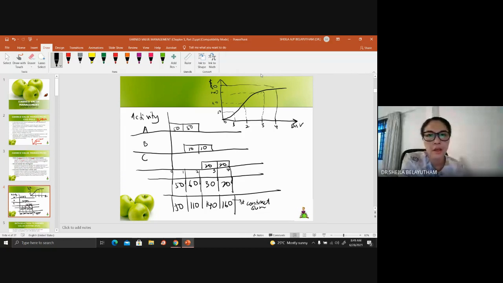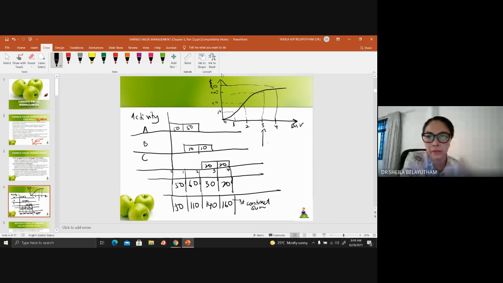Okay, so how can we make it a function of planned value, earned value, and actual cost? For example, let's say we are monitoring at week 3. So we have gone through week 1, week 2, and week 3.